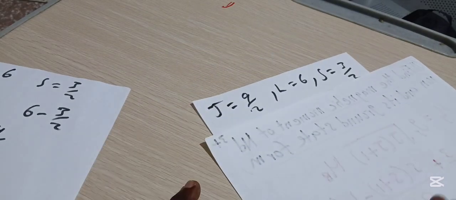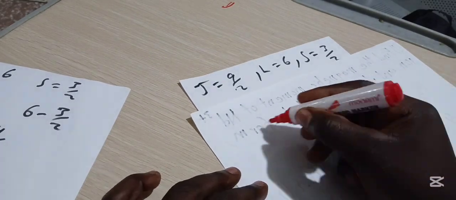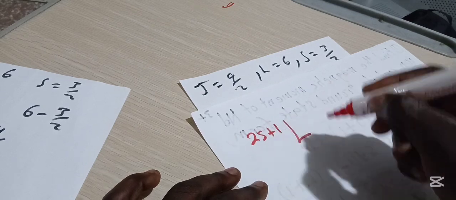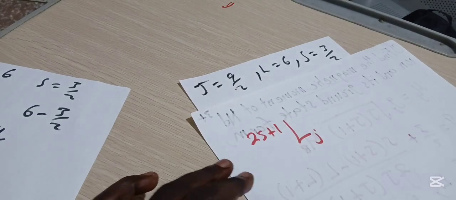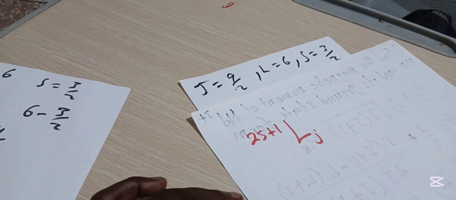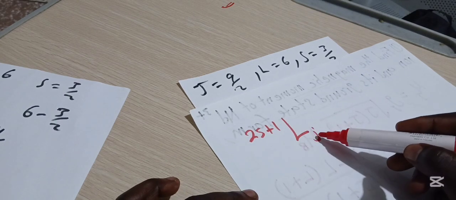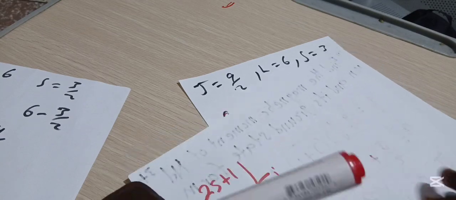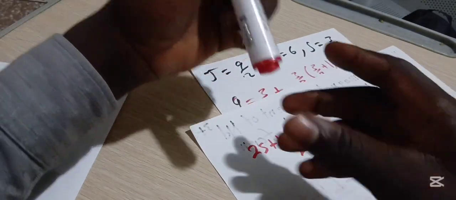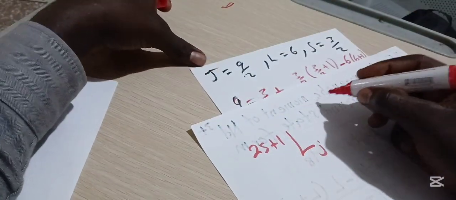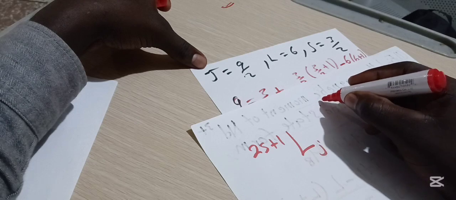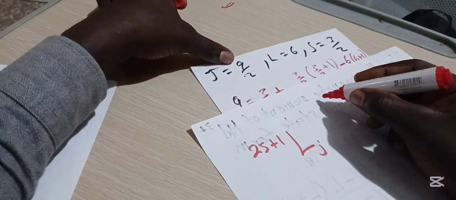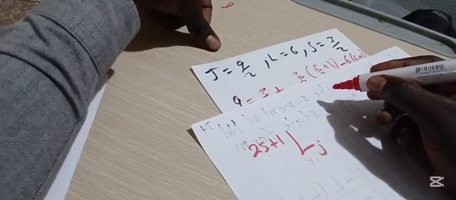So the ground state form for lanthanide is of the form 2S+1 L J. So that means we have to look at what is J, what is L, what is S. From this problem, we've already calculated our J to be 9/2, and our S to be 3/2.